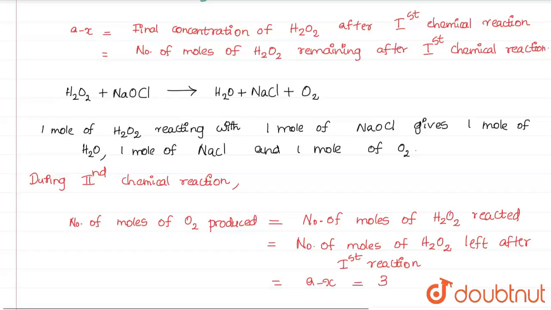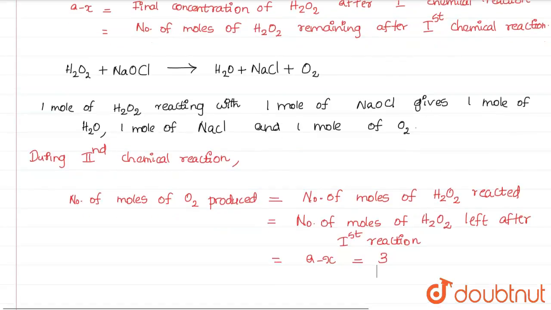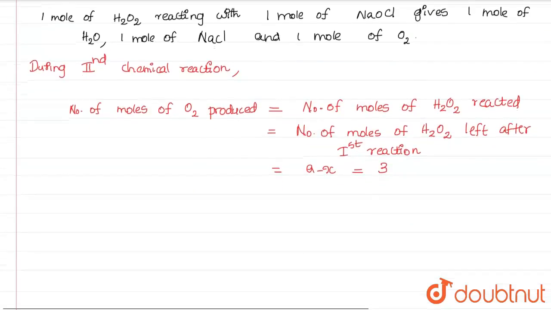Okay, now number of moles of oxygen produced is 1 by A. A minus X is 1 by 3. Okay, sorry.